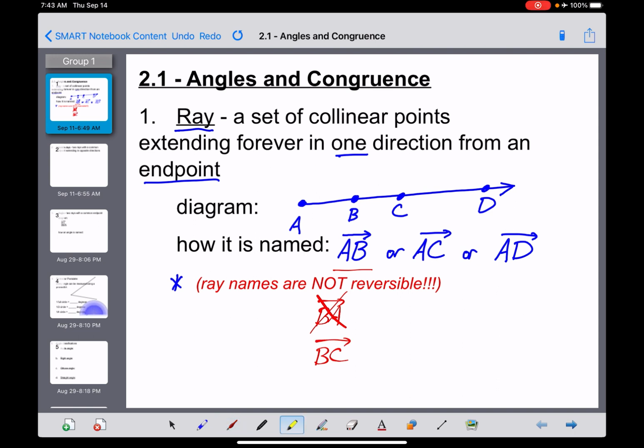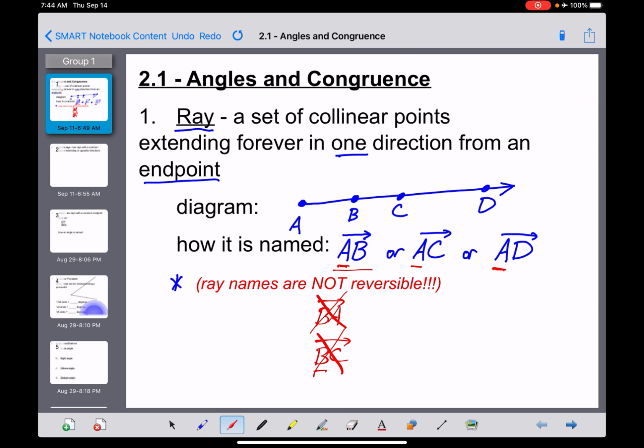Ray BC has an endpoint at point B. So ray BC would begin here and extend forever to the right through point C. So what I have there in yellow is what ray BC looks like, and that's not the same as the original blue ray that we named 3 times up above. So just be careful here. There are an infinite number of ways to name a ray, but it's important that we understand the first letter always has to be the endpoint, which for this ray is A.